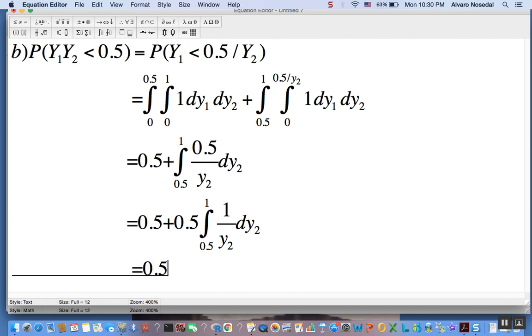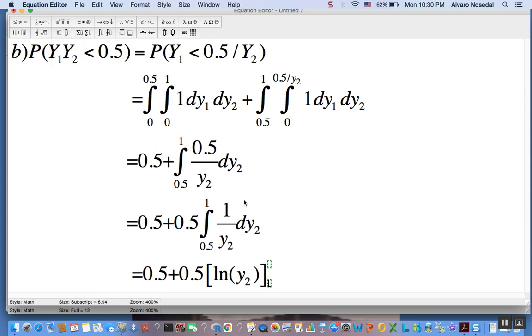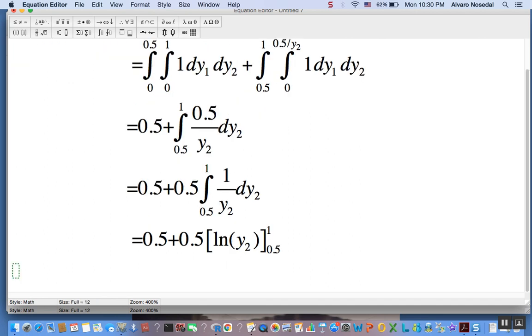So we have 0.5 plus 0.5 times the natural log of y2, and we have to evaluate it at 0.5 and at 1, right?